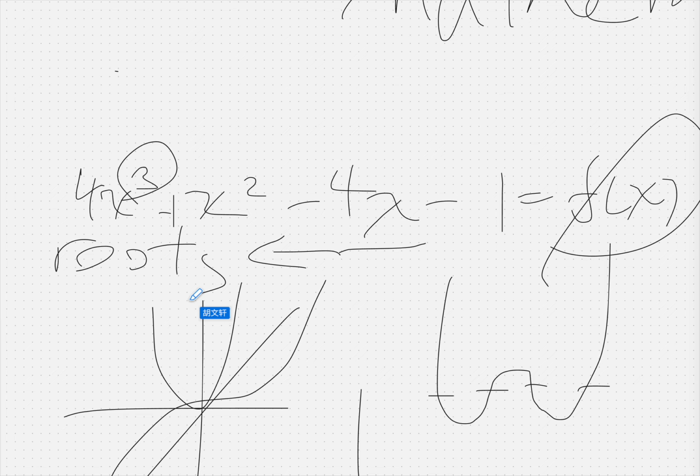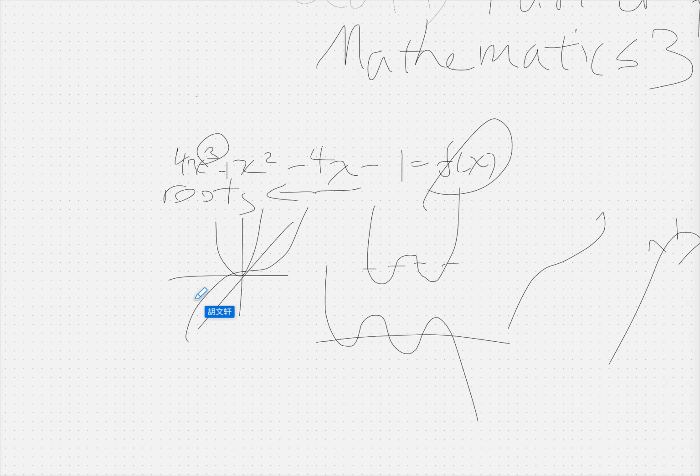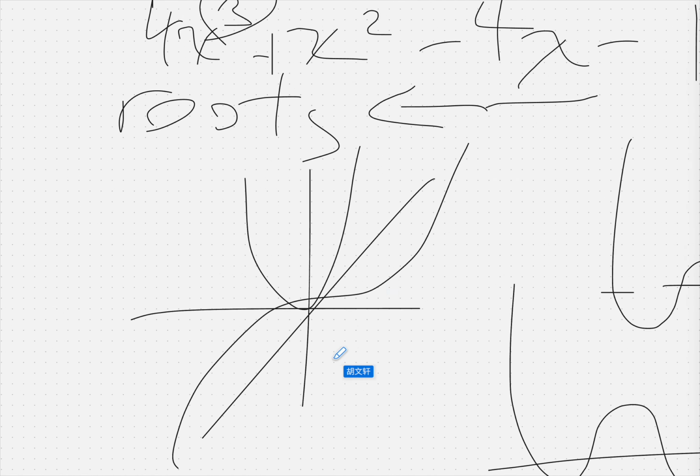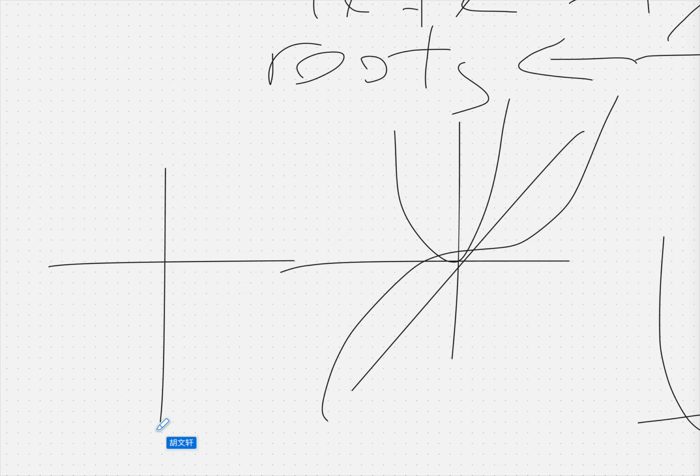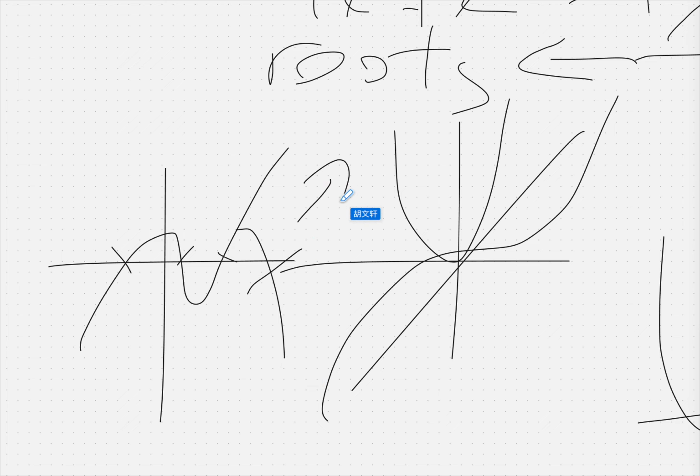A statement we can obtain is that a polynomial equation of order n has at most n real roots, that's important. So when I draw a cubic, that's at most 3. It cannot be more. When it goes up, that's going to be order 4. And that's essentially what a polynomial is.